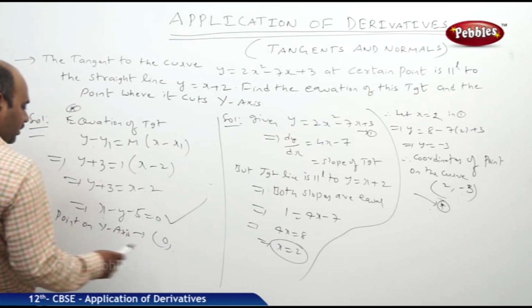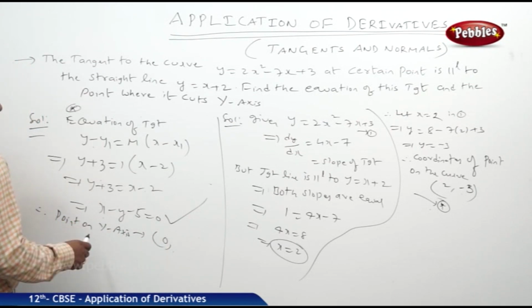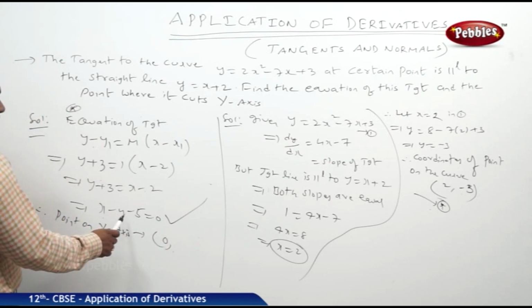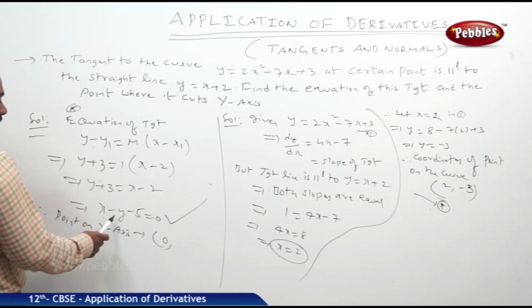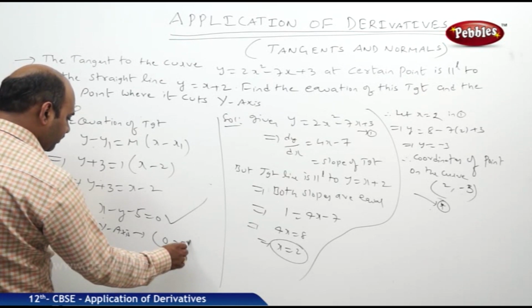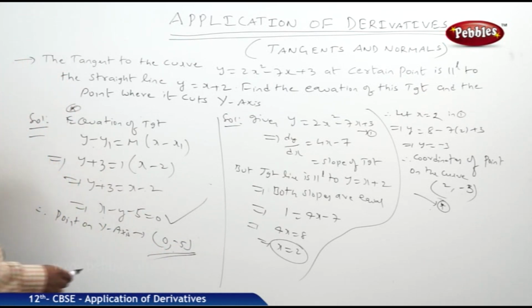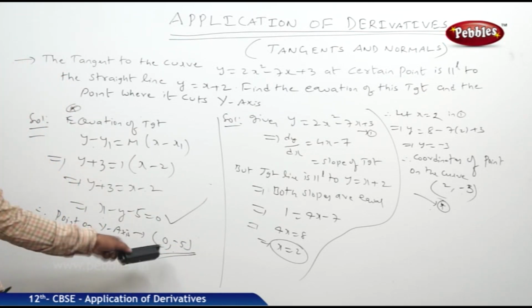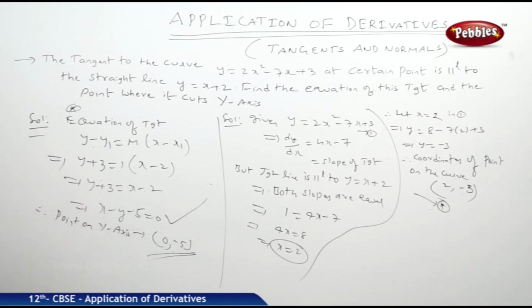Then we get −y − 5 = 0, that means −y = 5, so the y value will be −5. So the point on the y-axis will be (0, −5) and the equation of the tangent will be x − y − 5 = 0. Please note.